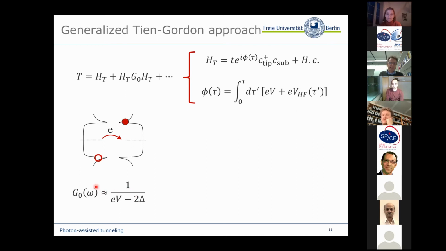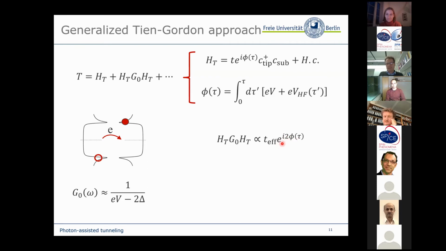And that makes these intermediate Green's functions basically frequency independent and thus local in time. And then these time-dependent factors that are associated with the energy change of the tunneling electron when it tunnels across the junction, they will simply combine with one another and give you multiples of the same phase factor.